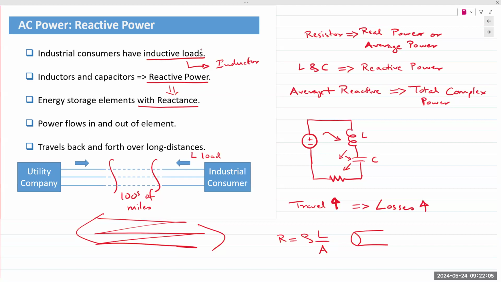And again, the word I use is needless. The reactive power is being transmitted needlessly. You transmit it once, it sets up the magnetic field. After that, there is no need for it to return all the way back to the utility company, because it's a needless power loss in that scenario.